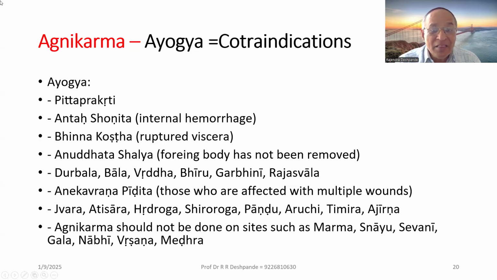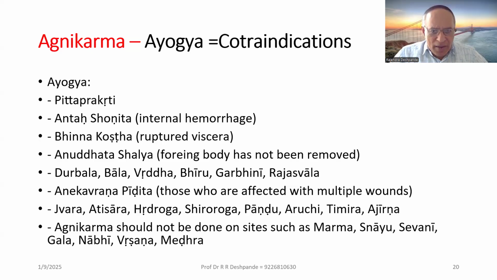Okay. Then bhinna koshta. Whenever there is a ruptured viscera, for example a perforation, these cases are called acute abdomen cases. Acute abdomen means the patient may be having a perforation or intussusception or volvulus. So all these three together are called acute abdomen or surgical abdomen.